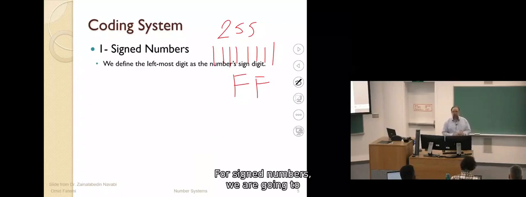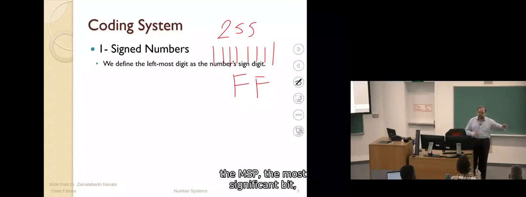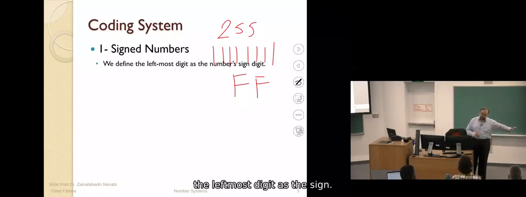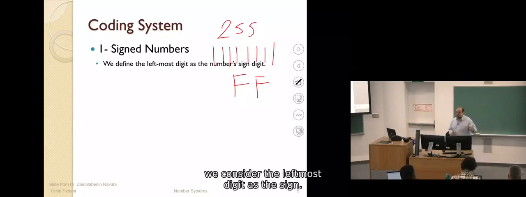For signed numbers, we are going to define the leftmost digit, the MSB, the most significant bit, as the sign. In a signed coded system, we consider the leftmost digit as the sign.